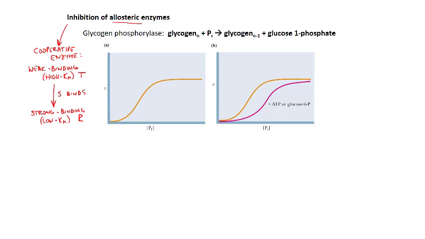And the idea of an allosteric inhibitor is that the allosteric inhibitors make the conformational change from T to R more difficult. Or another way of putting that is they stabilize the T structure.